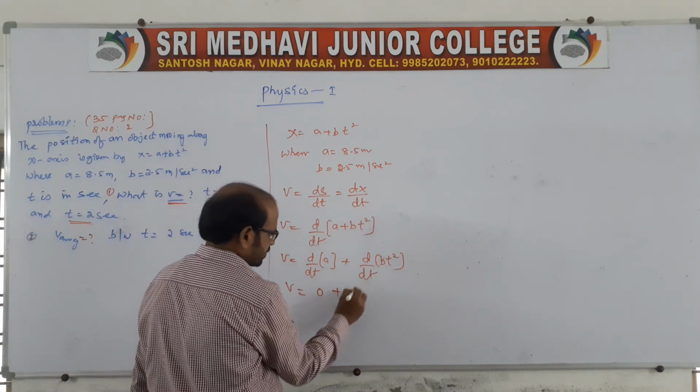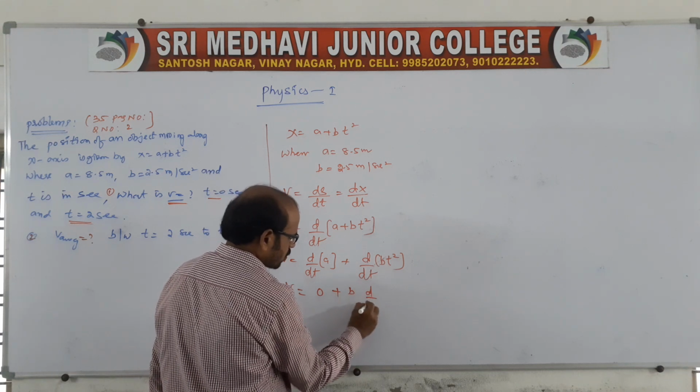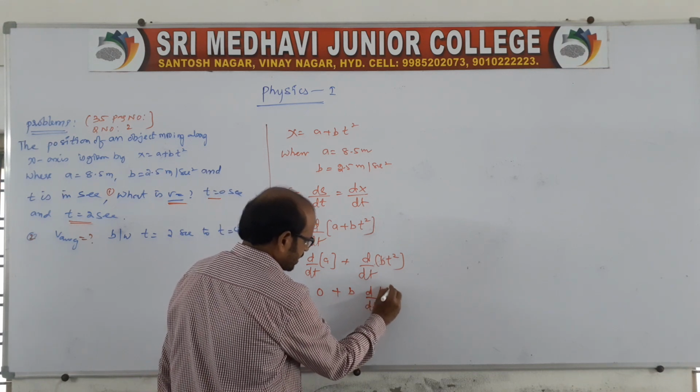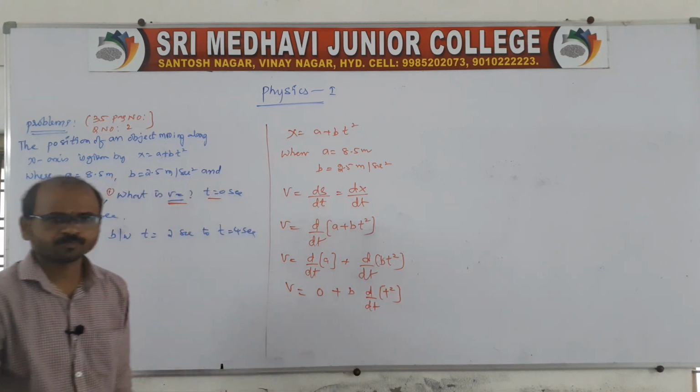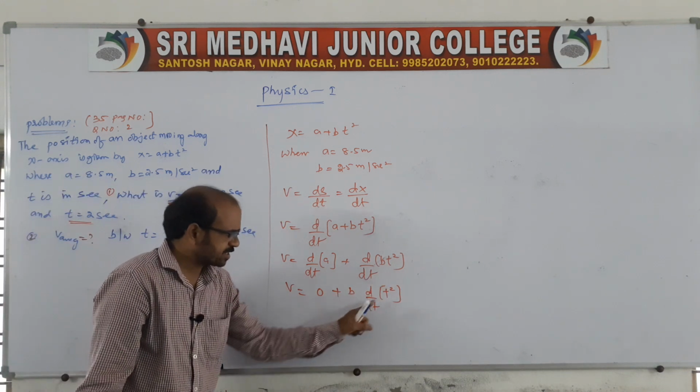Let us see the next one. For b, take it common: b times d by dt of t square, and remember, you don't cancel dt, because we are differentiating with respect to time.